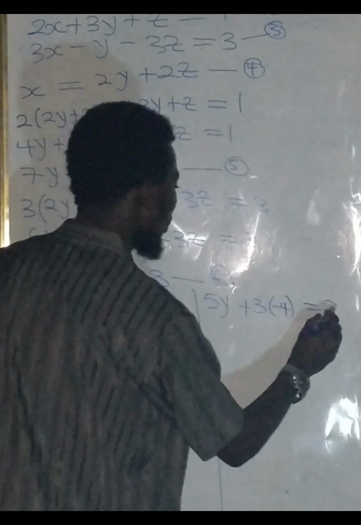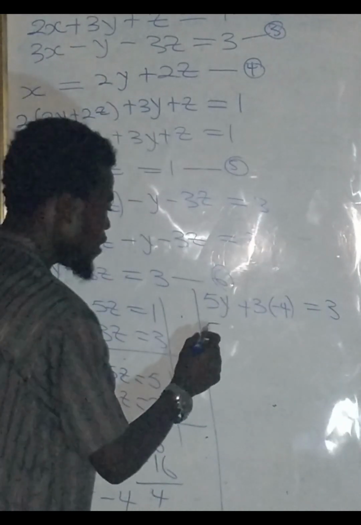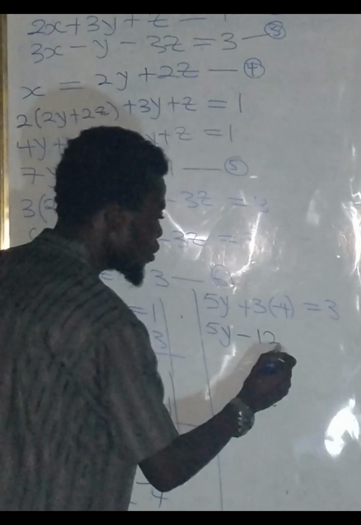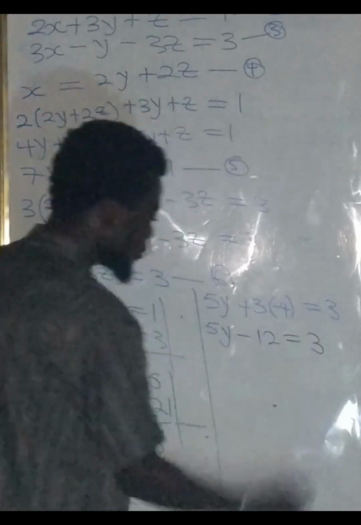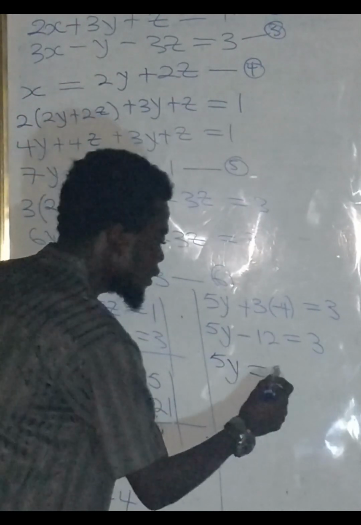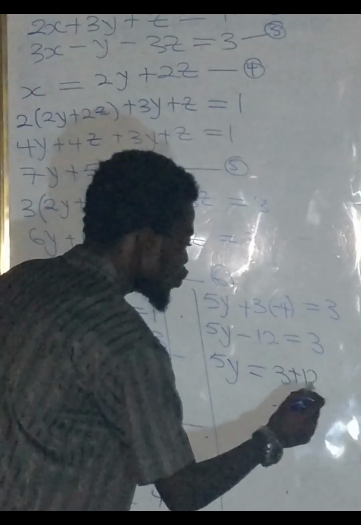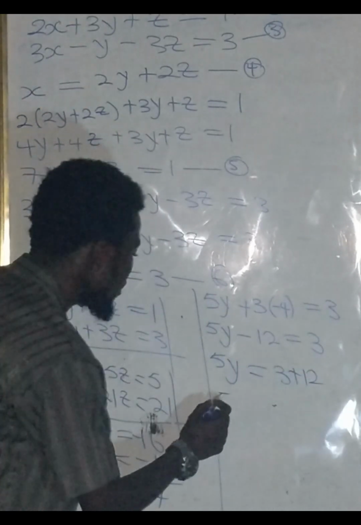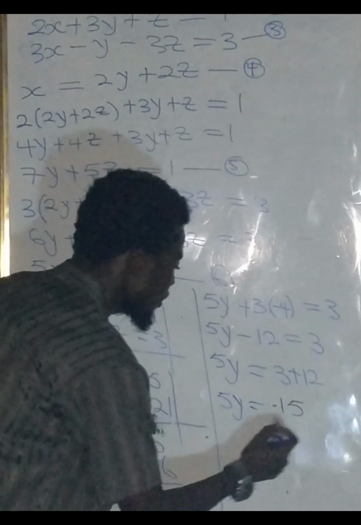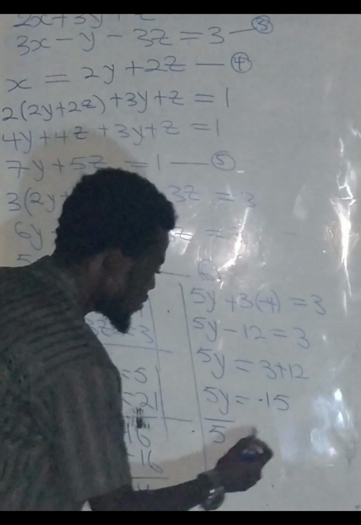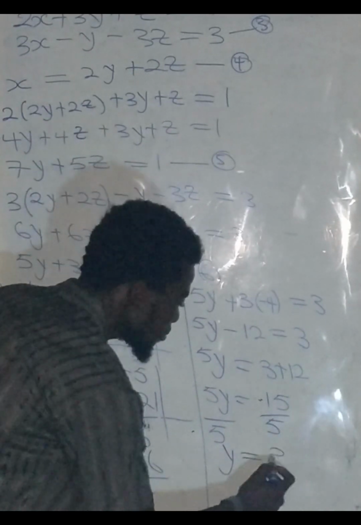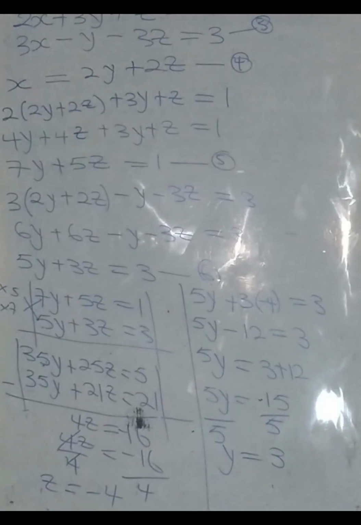So 5y plus 3 times minus 4, which is minus 12, equals 3. Now 5y equals 3 plus 12, which is 15. To find the value of y, we divide both sides by 5, and y is equal to 3. So simple it is, right?